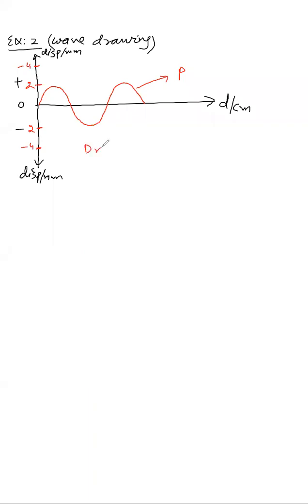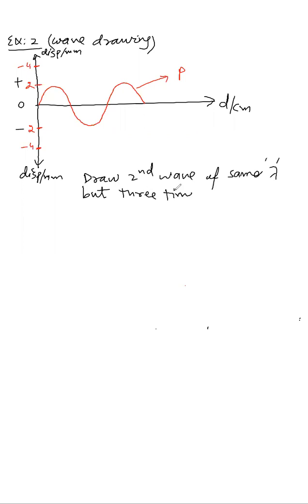So the question says that you have to draw a second wave of the same wavelength but 3 times the wave intensity as that of P. So it means you have to do the same thing, but this time you need to draw it. Okay, so let's solve it.